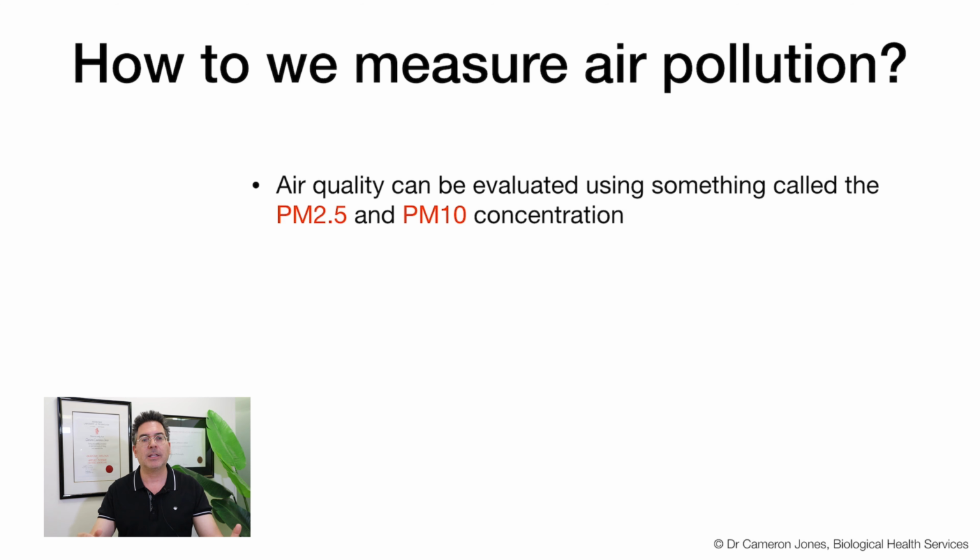Just consider these as different sized balls present in the smoke. The PM2.5 is the very fine balls or particles that are very easily inhaled and go deep within the lung. And this impacts on your thoracic system.